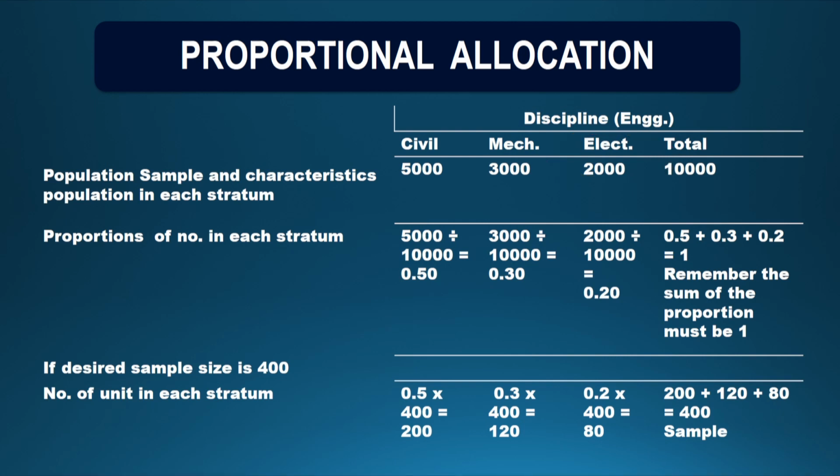For using the proportional allocation method, the researcher needs to define the proportion of the number present in each strata. The proportion is to be calculated, and remember, if the sum of all the proportions is equal to 1, it means the proportions are selected accurately. And according to the desired size of the sample, the researcher needs to select the number of individuals for the sample.